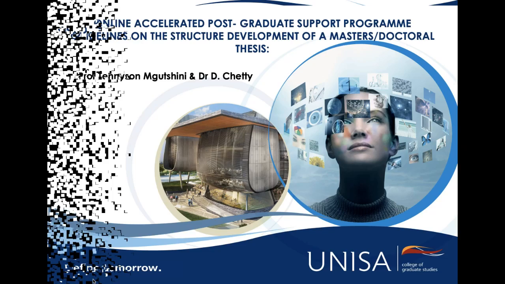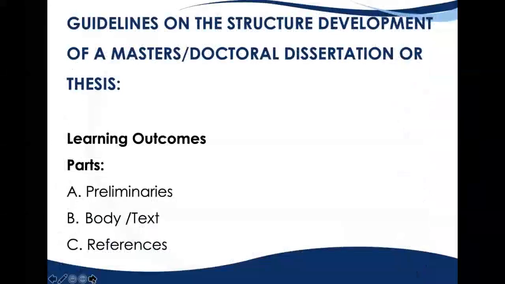Now, of course, the very obvious learning outcome of this is that by the completion of this session, you should be very clear about the structure and the individual chapter expectations for each of the chapters that are contained in either your master's work or your doctoral work. Of course, talking about these, offering you the guidelines on the structures has some guidance on three specific things.